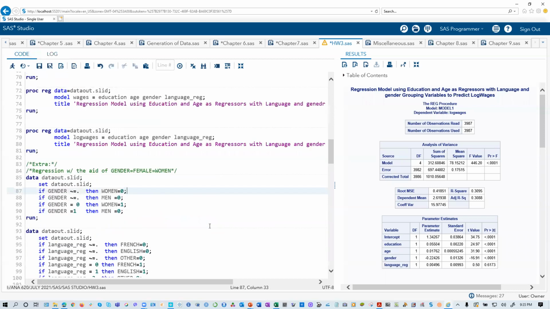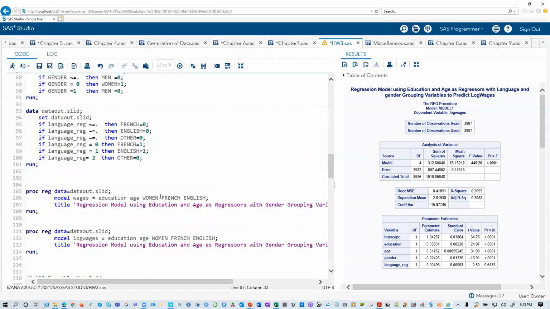In addition, you were thinking about explaining this with the aid of the levels using dummy variables. One dummy variable is enough to explain gender, and two dummy variables are enough to explain language. That's what we were doing over here.